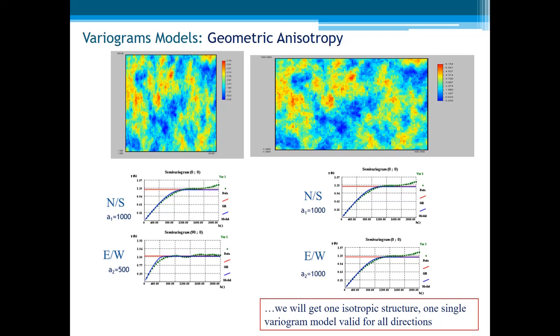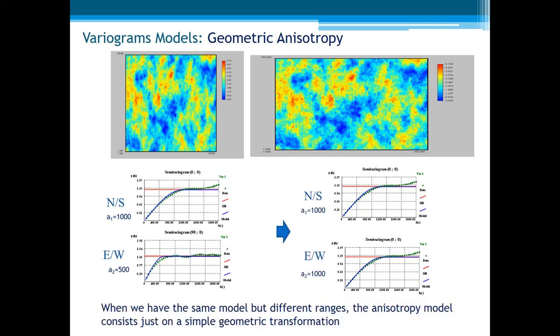That is the purpose of the anisotropy model. In short, when we have the same model but different ranges in orthogonal directions, the anisotropy model consists of just one single geometric transformation.